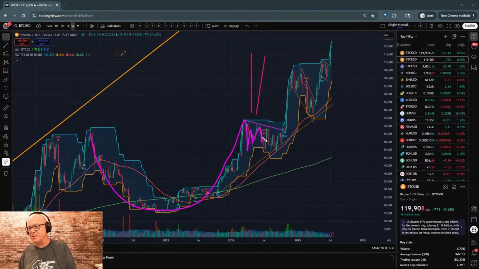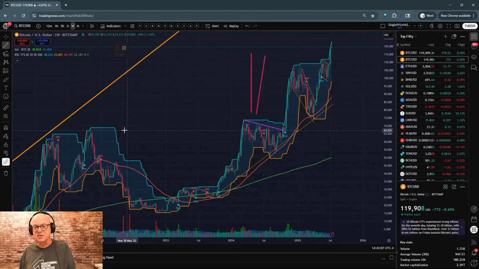This is a cup with handle pattern. As we got into this, about a year ago, I said, oh, look at this thing, we've got a cup with handle pattern.